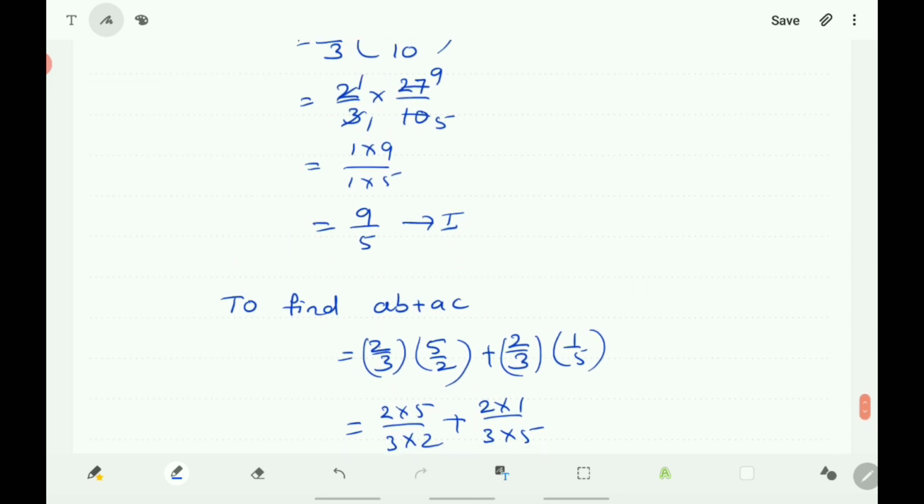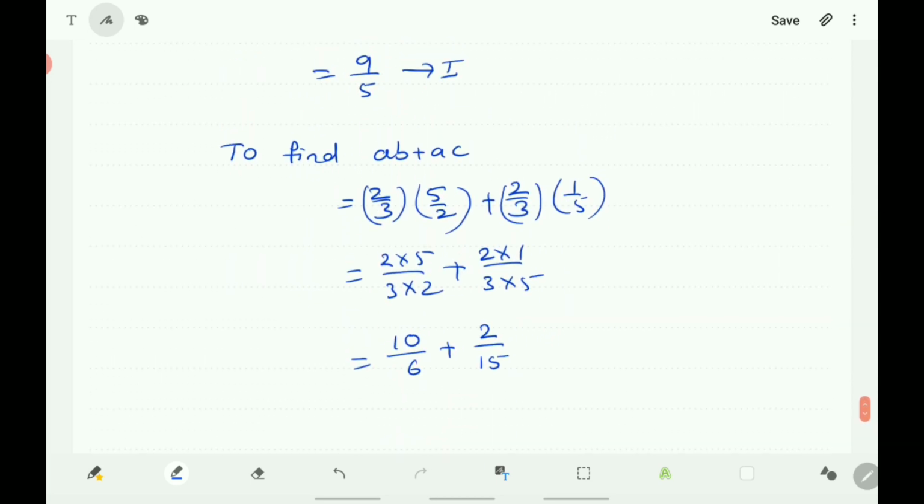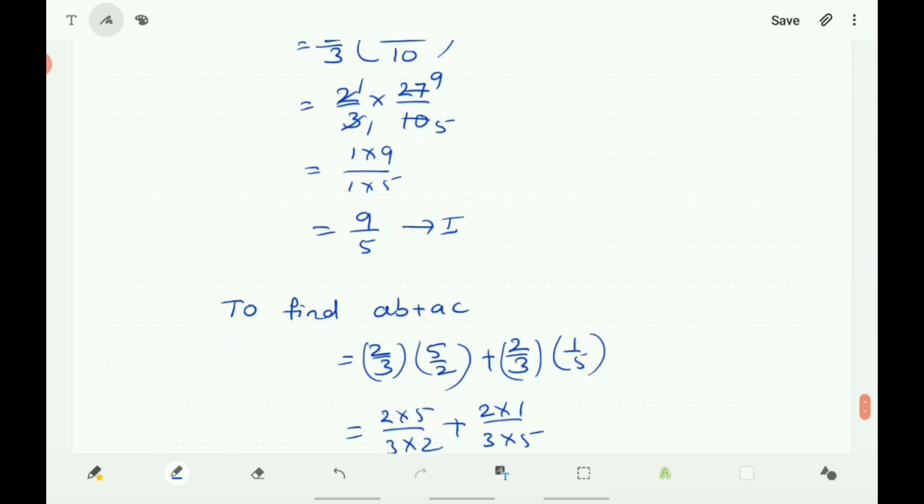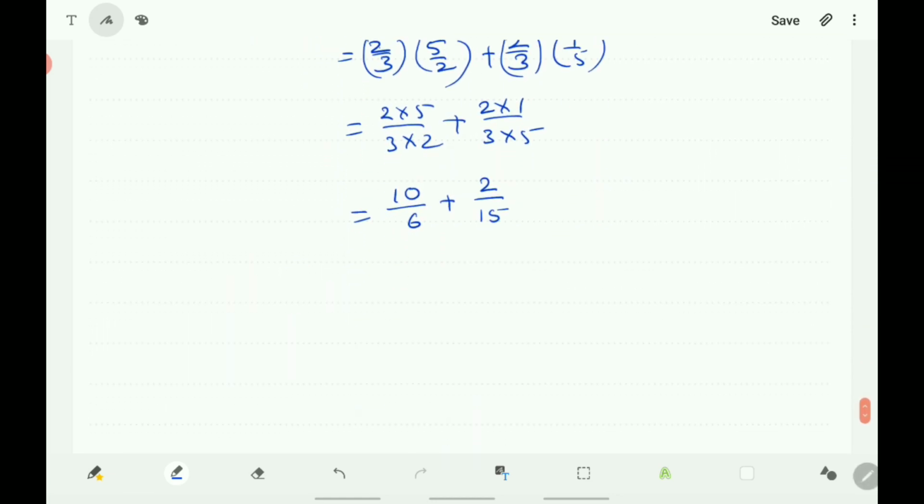Next, the LCM of 6 and 15. The LCM of 6 and 15 is 30.